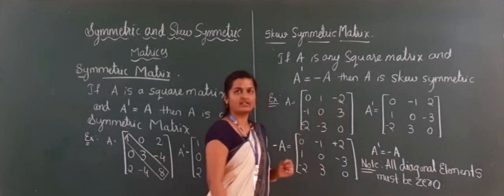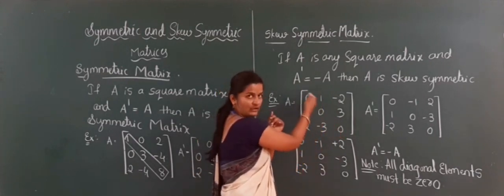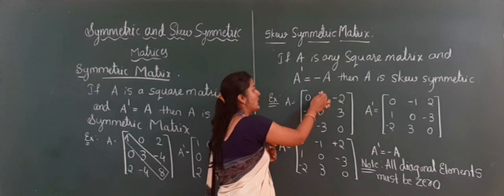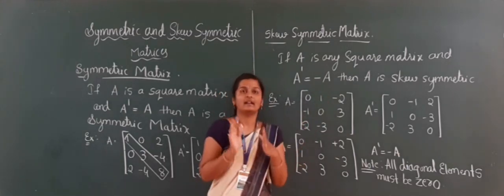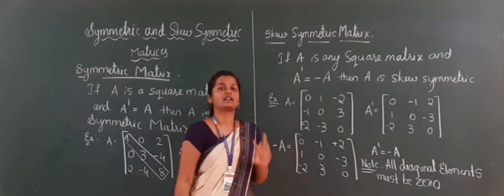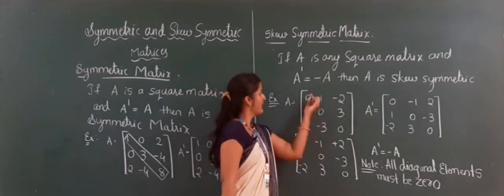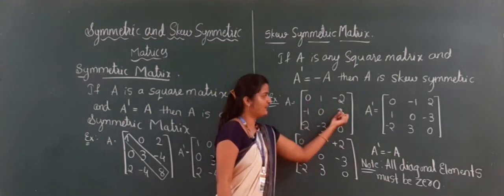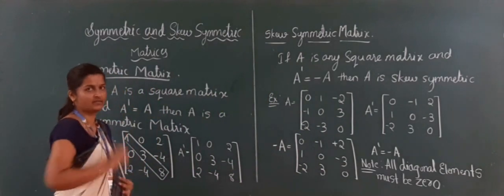So, for skew symmetric, the condition is that the diagonal elements are equal to 0 and the coinciding non-diagonal elements should be the same in number but reversed in sign: plus, minus, minus, plus, plus, minus. So, this is symmetric and skew symmetric.